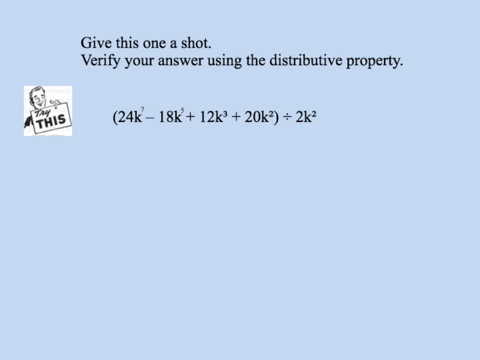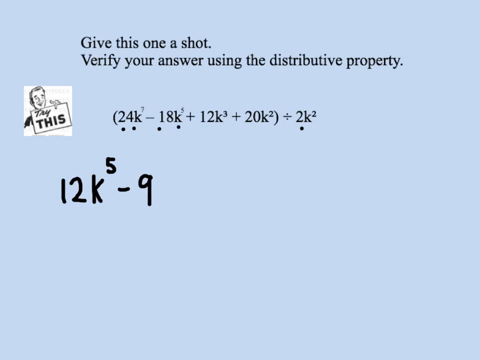The 24 divided by 2 gave you 12. K to the 7 divided by k squared would have given you k to the 5. Next term, a negative 18 divided by 2 would have given you a negative 9.